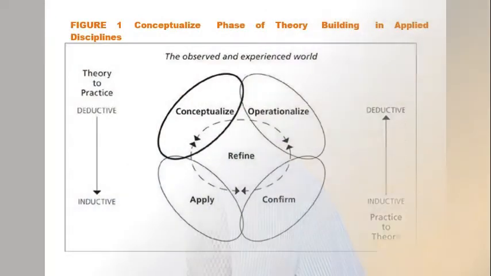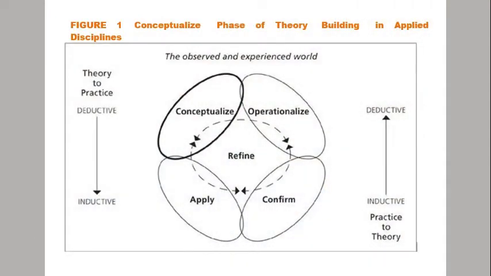Our second stage was the operationalize phase. Our third phase was the confirm phase. Our fourth was the apply phase. And the fifth now is the refine phase. So the refine phase will be the last stage of theory building.